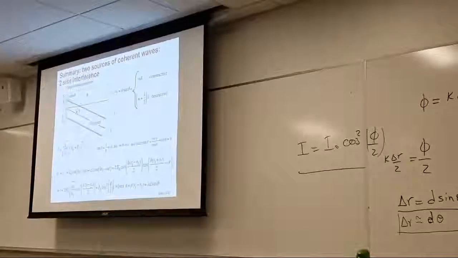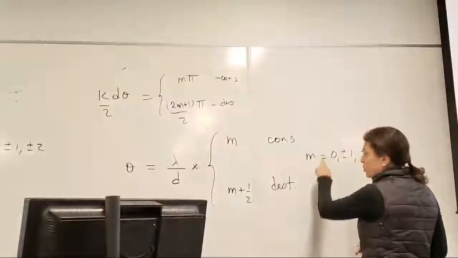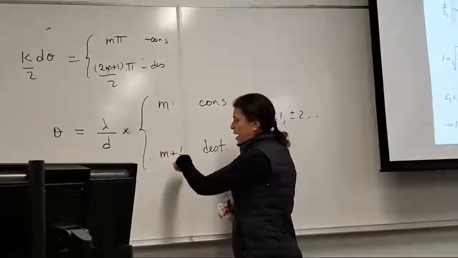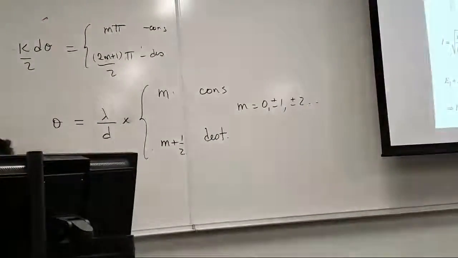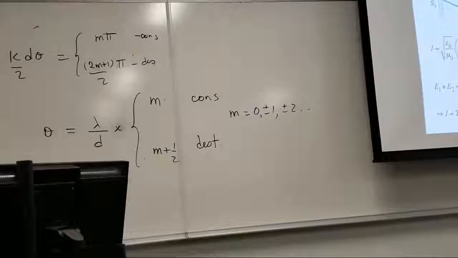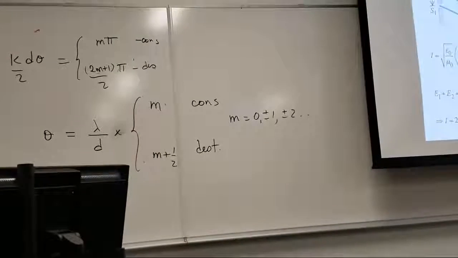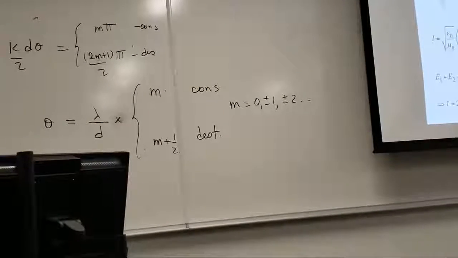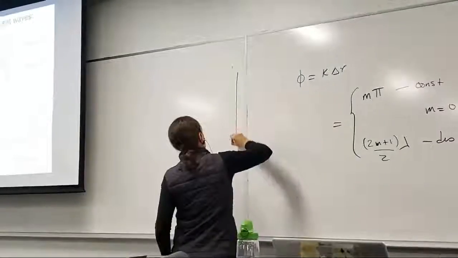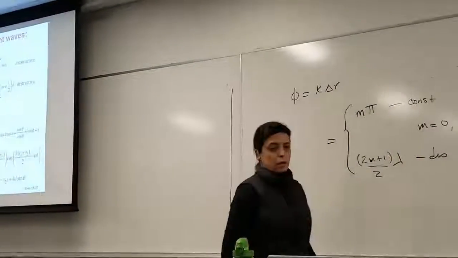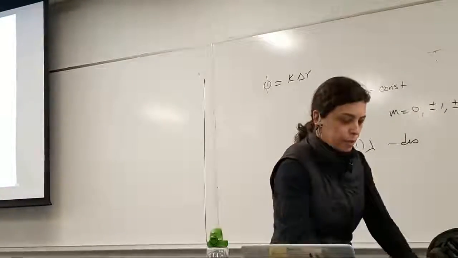Next follows m equals 0 for destructive interference. So 1/2 of lambda over d is our first minimum. Okay? So let me draw this intensity as a function of position on the screen. So we have a screen here, and we have intensity.